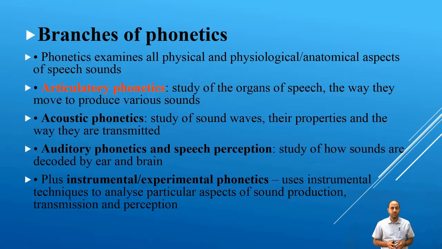In addition to these three main branches of phonetics, we have what's called instrumental or experimental phonetics, which is concerned with analyzing particular aspects of sound production, transmission and perception.